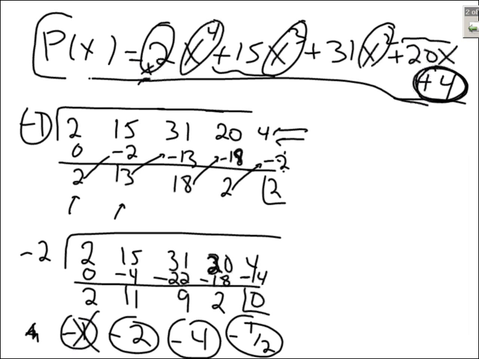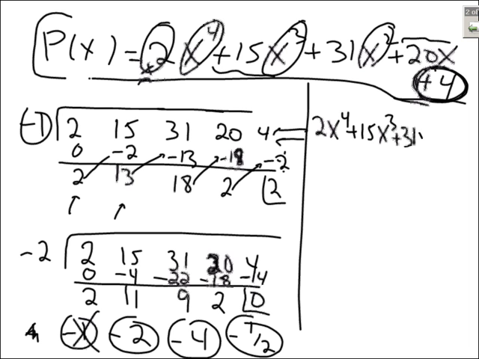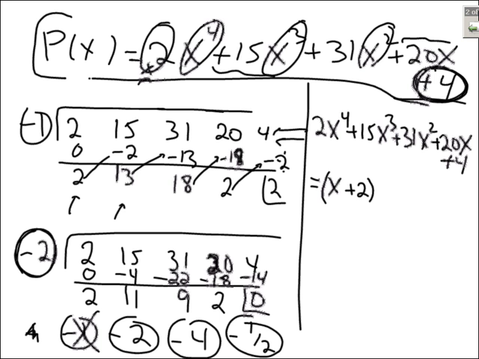So we learned something. We learned that 2x to the 4th plus 15x cubed plus 31x squared plus 20x plus 4 is equal to x minus this number right here, x minus negative 2, which becomes x plus 2, times this last row: 2x cubed plus 11x squared plus 9x plus 2.